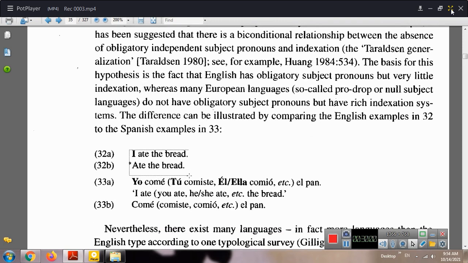In English, we can say, I ate the bread. This is correct. But we cannot say, ate the bread. We cannot delete the subject. This asterisk in syntax shows that this is ill-formed and not correct. Here we cannot omit the subject because the subject is obligatory in English.